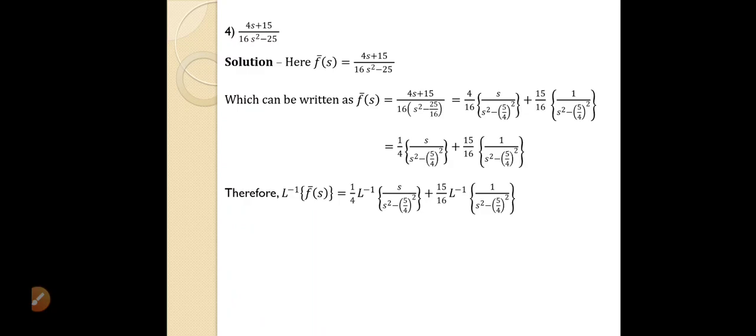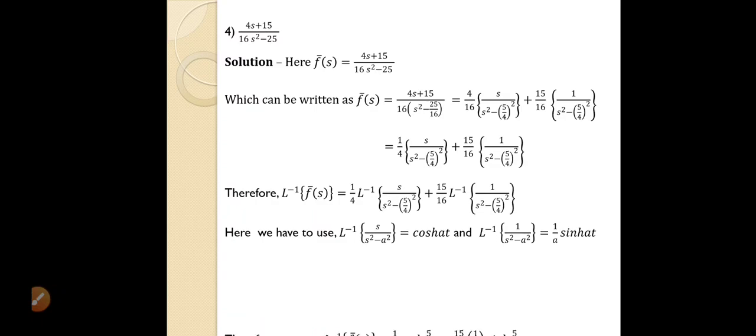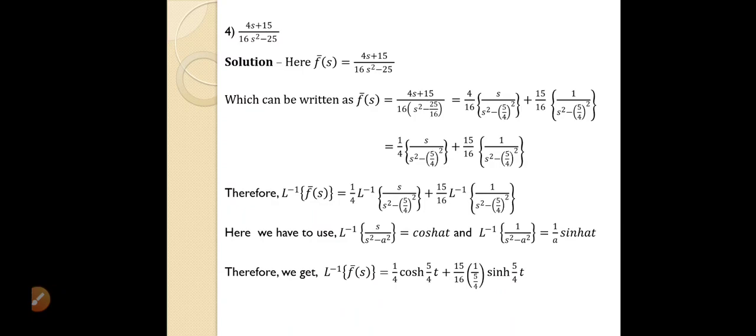Now first we have to take L inverse on both sides of this simplified f bar of S. Then using the standard result for L inverse of S upon S square minus a square as cos hyperbolic at and L inverse of 1 upon S square minus a square as 1 upon a sin hyperbolic at, we get the answer as 1 by 4 the constant multiplier as it is.